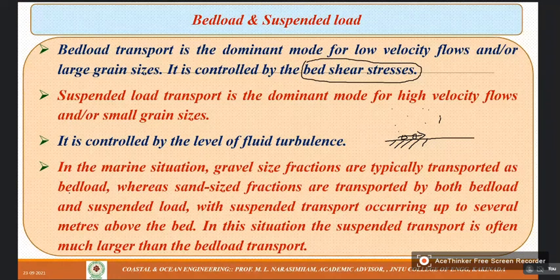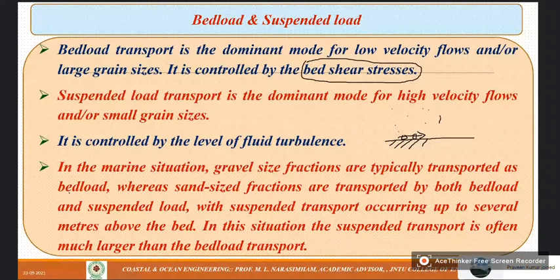It is due to two things. One, the extent of suspended load is more, few meters above the bed up to sea surface, and smaller particles which are close to each other will be receiving higher velocities, because you have seen the velocity is more.